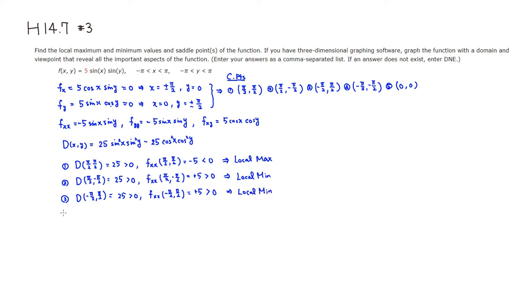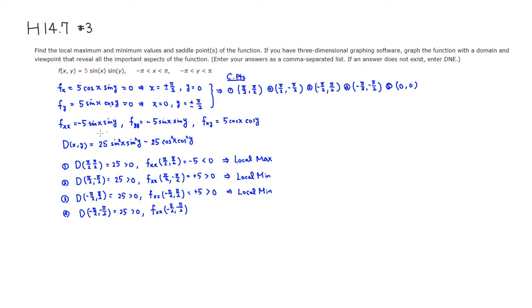And the fourth one is we look at the d of negative pi over 2 comma negative pi over 2. And again, this is going to be 25, so it's going to be positive. Then we're going to get the second partial with respect to x, evaluated at negative pi over 2 comma negative pi over 2.